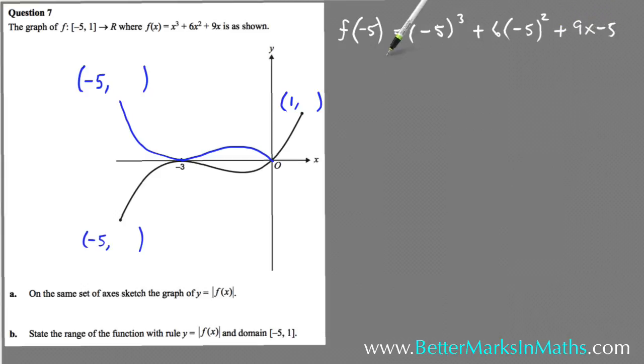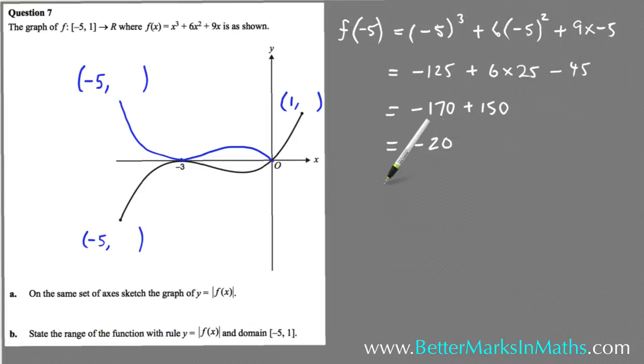And -5 cubed is -125, plus -5 squared is +25, so that's 6 times 25. And then 9 fives are 45, so -45. Then -125 minus 45 is -170. This equals 150, so plus 150, and then that equals -20. So therefore that point is -5, -20.